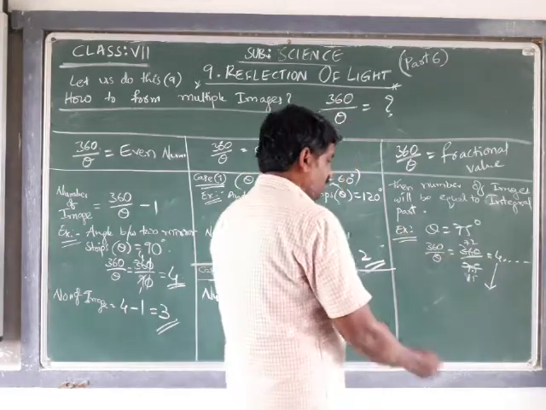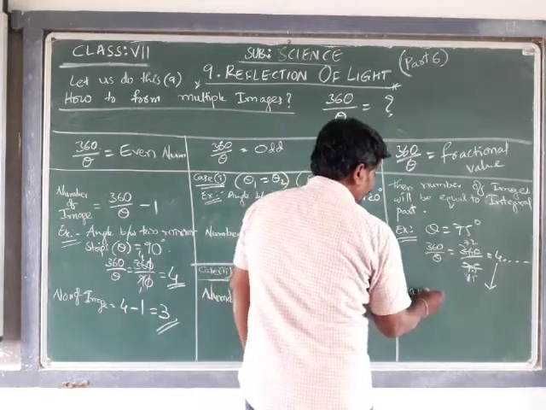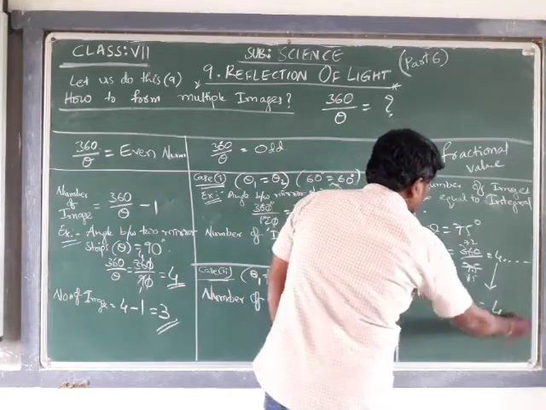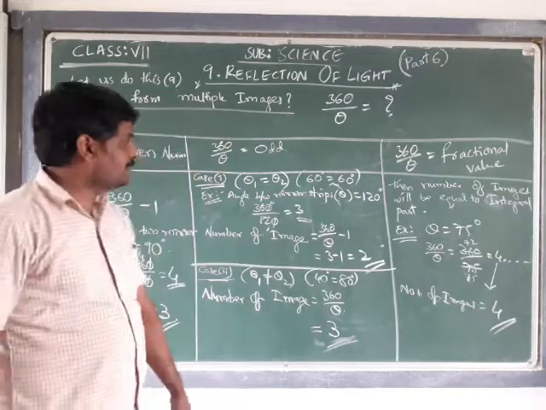The integral part is 4. So the number of images is equal to 4. 4 images are going to come.